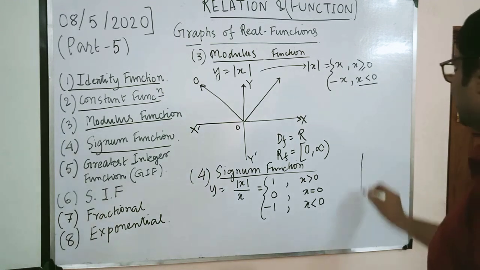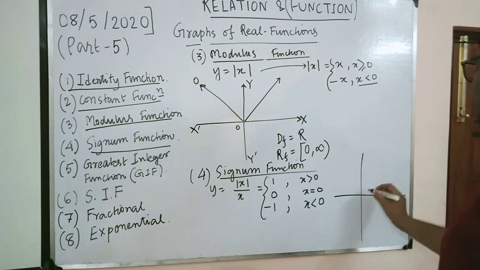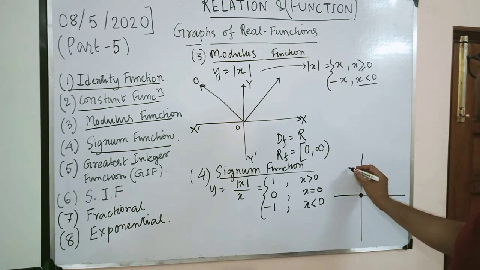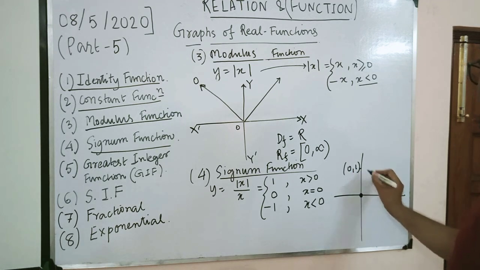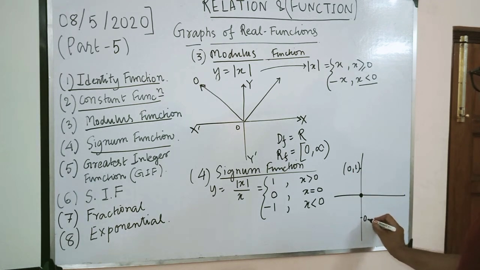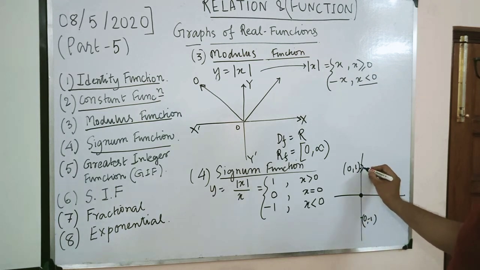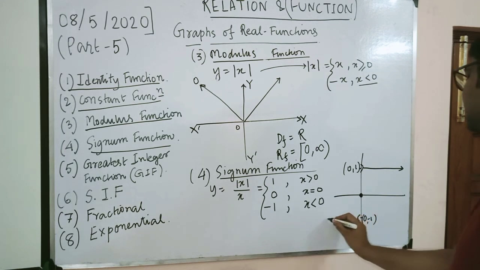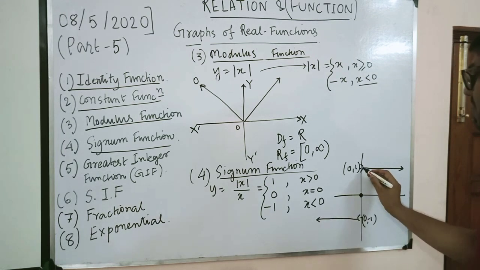So when we draw this, we see this is the origin. Where x is 0, the function value is 0, so this point is taken, and if this point is 0 comma 1, and this point is say 0 comma minus 1, it will be a line like this. Look at the small circle over here.